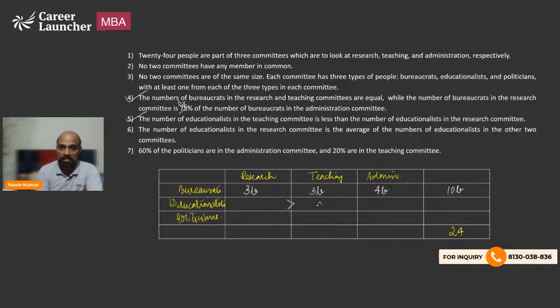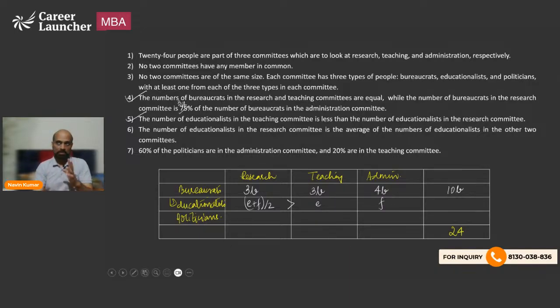So if I take them as E and F, this is going to be (E plus F) by 2. So this is greater than this, right? And it is the average of the other 2.